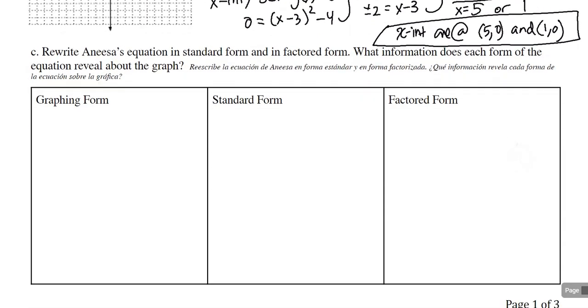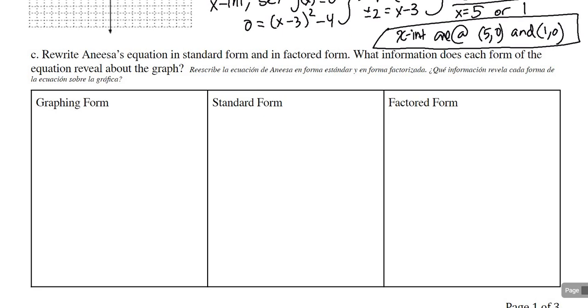Now I'm going to rewrite Anissa's equation in 3 forms. Okay, graphing form. I have y equals (x minus 3) squared minus 4. And what information does this form reveal about the graph?